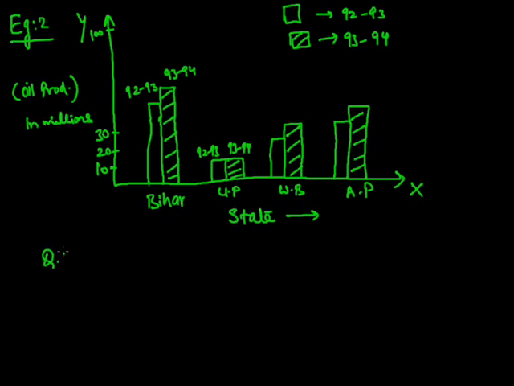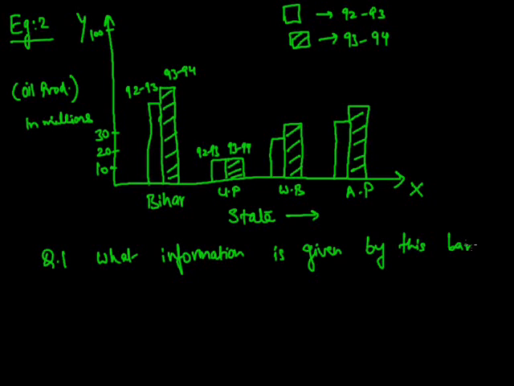Now on the basis of that, we'll be able to answer whatever question will be asked. So first we'll see the first question. First question says, what information is given by this bar graph?